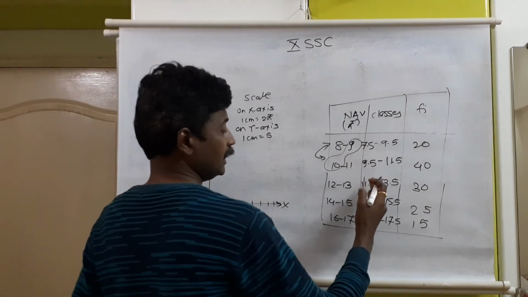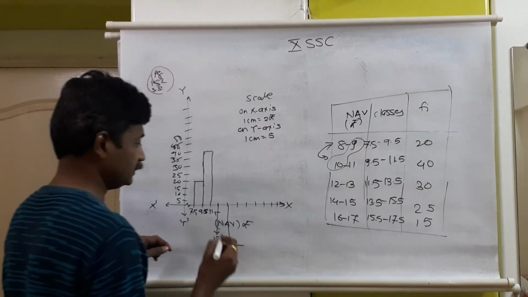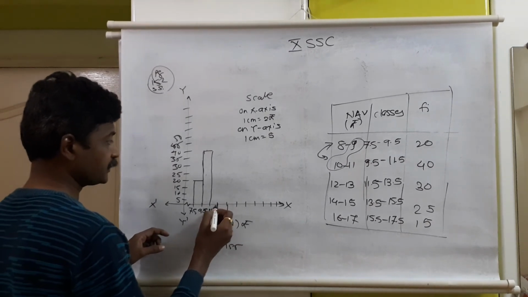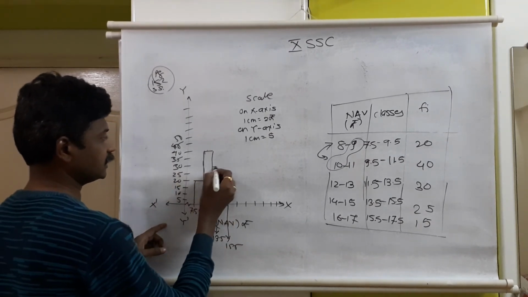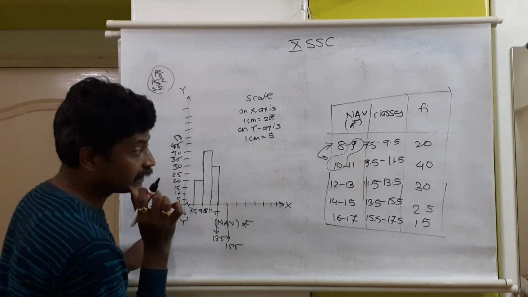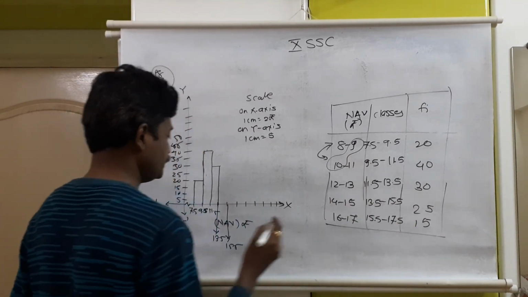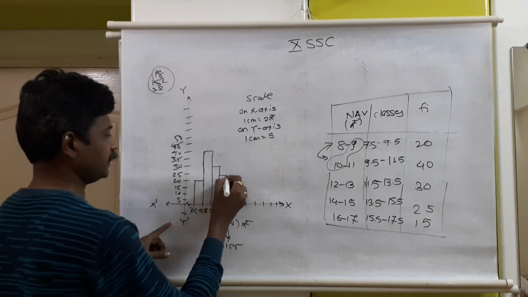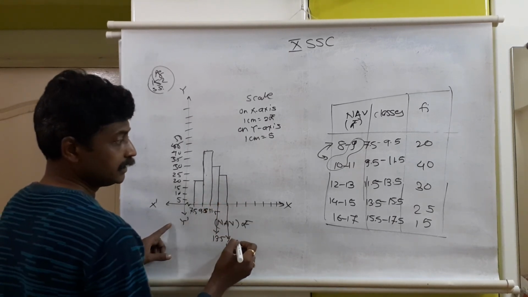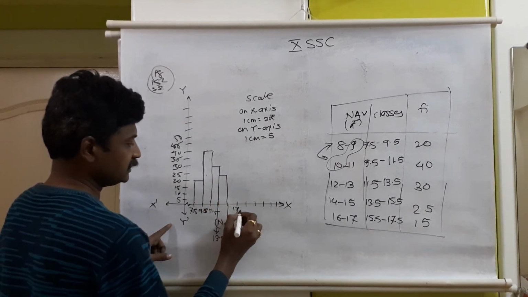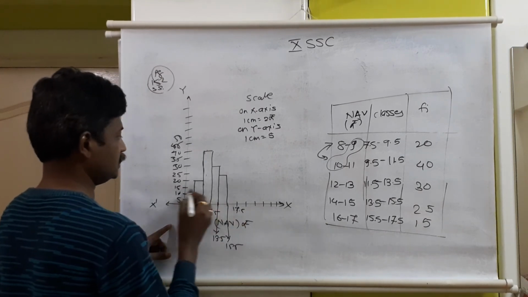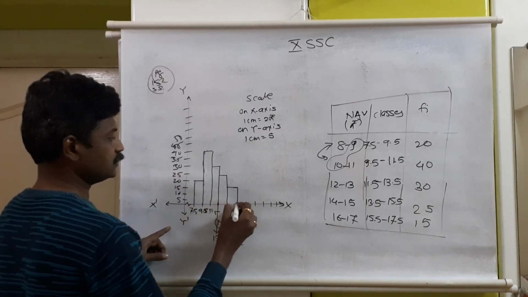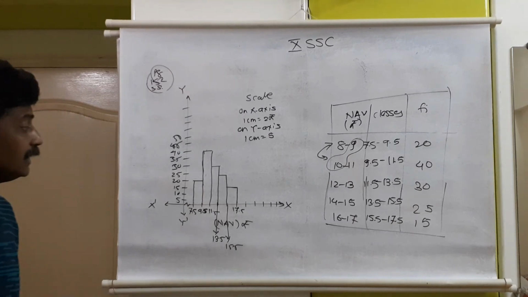Next is 11.5 to 13.5 up to 30. Then 13.5 to 15.5, 25. And then last, 15.5 till 17.5, it shows up to 15. So in this way it can be represented.